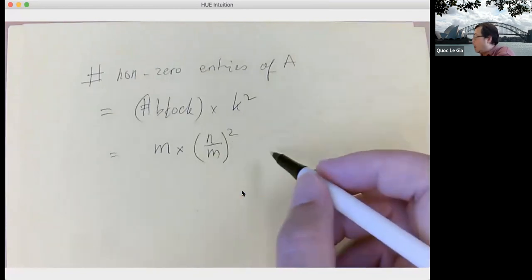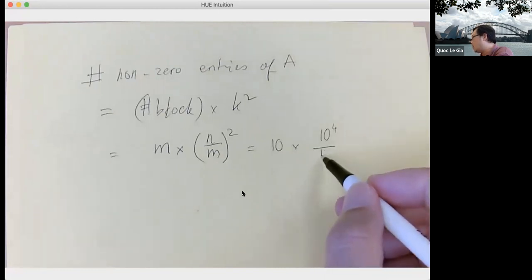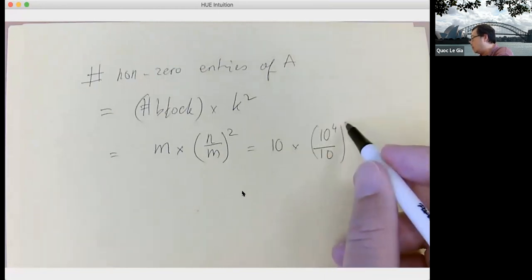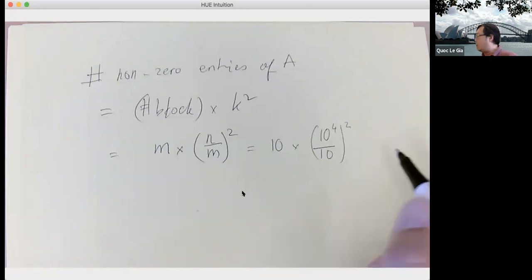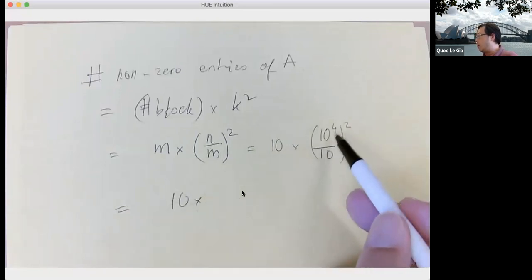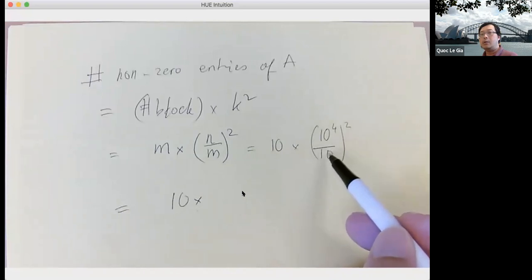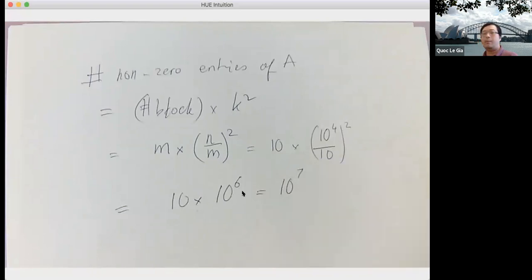Here m is 10 and n is 10 to the 4th. So this is 10 times 1,000 squared, so 10 to the 6, so just 10 to the power 7.